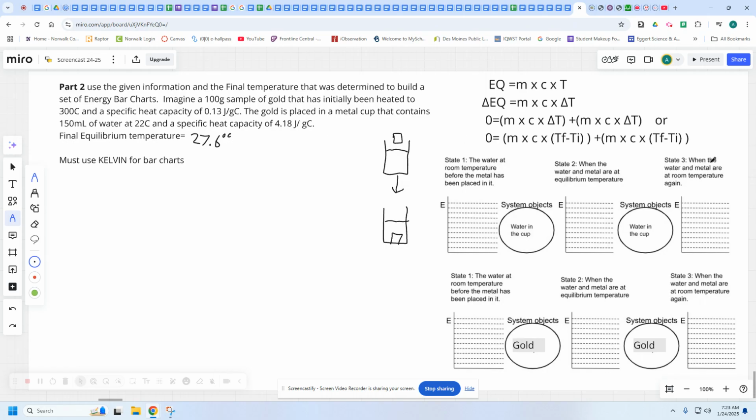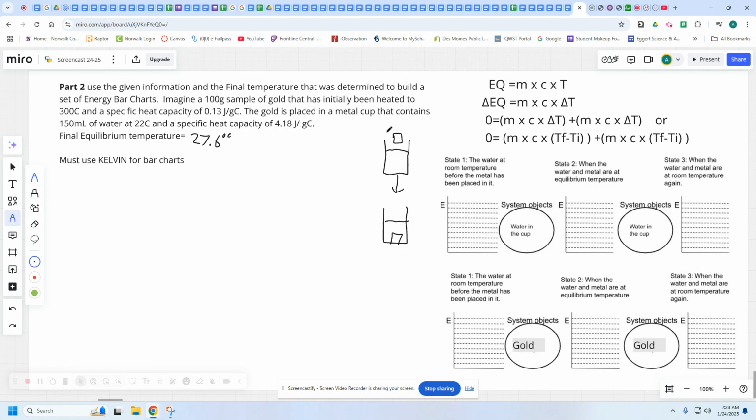The third state is when the water and metal are at room temperature, and I'm going to say that the room temperature is 22 degrees Celsius. So the equilibrium temperature still has to decrease into the third state to get to 22 degrees. So you guys just got to do the scratch work. Again, I recommend you guys pause the video and try to get the essential pieces here on your own before just copying down my work.